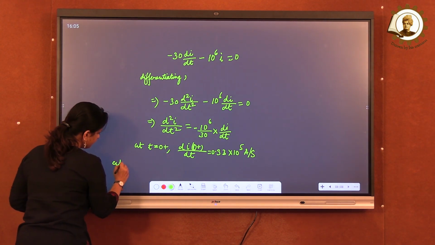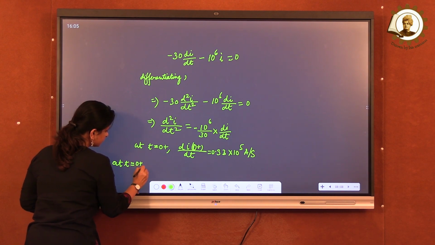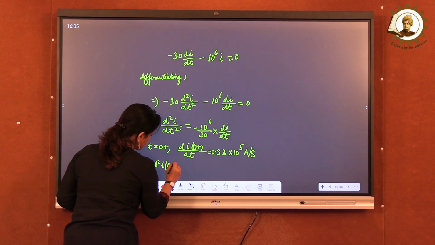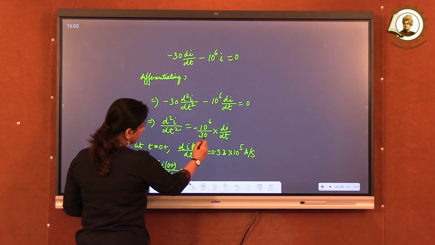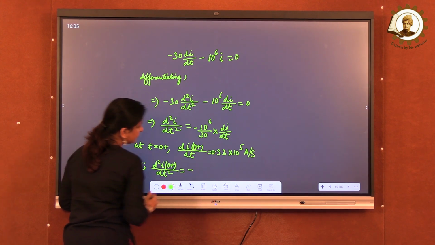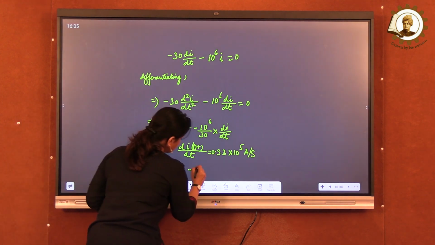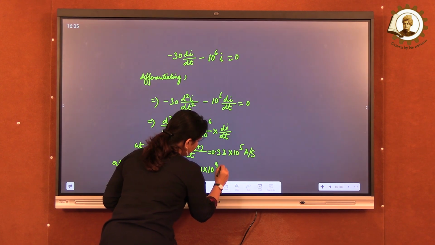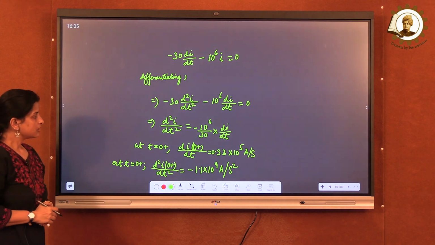So d2I at 0 plus by dt2 is equal to minus 10 to the power 6 by 30 into dI/dt, and if you calculate this, we get 1.1 into 10 to the power 9 ampere per second square. So this is the solution.